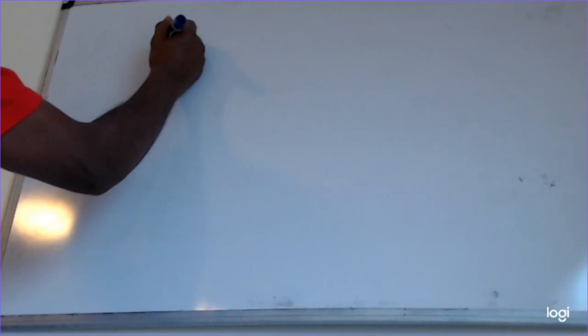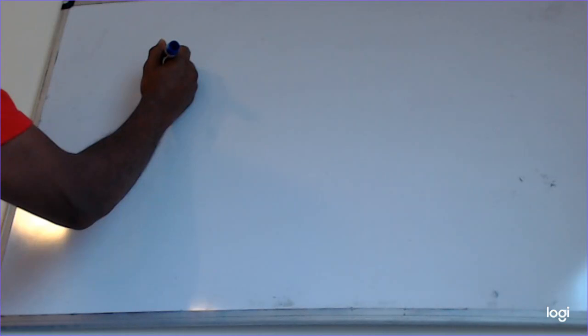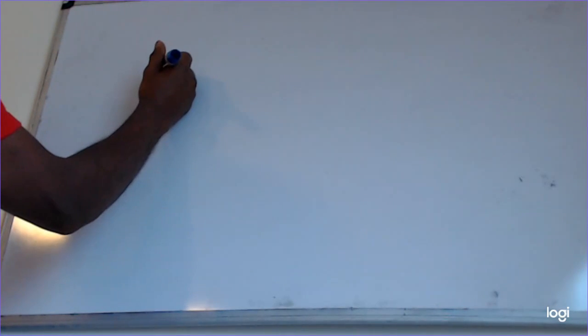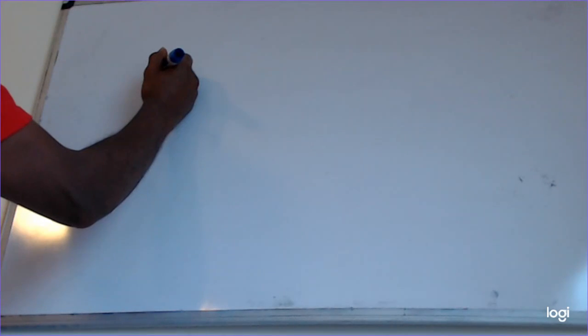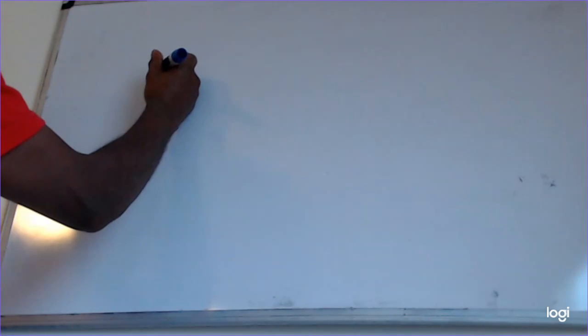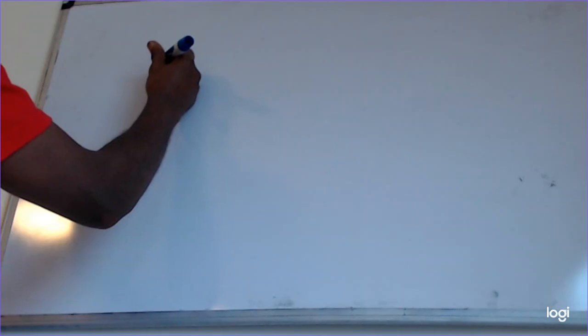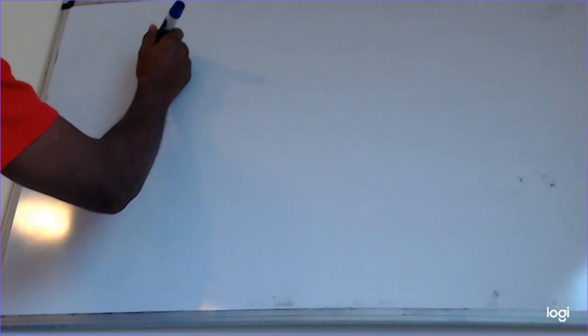In this video, I will use implicit differentiation to solve for dy/dx. I'm going to consider a typical example that my students from Calc 1 were asking me. So this is how it goes.